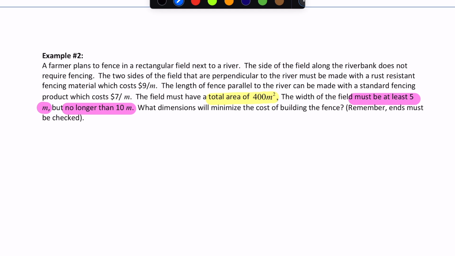Here we'll have our river in blue, and we know that we have our fencing. So we're fencing on two sides. Then we have that other side as well.